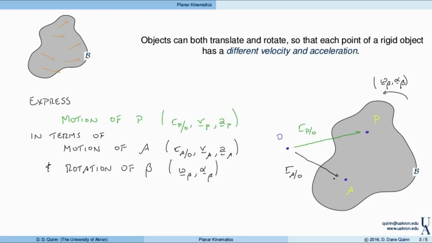We also have the motion of A, so we'd like to express the motion of P in terms of the motion of the object, together with the relative motion of this point with respect to the object.